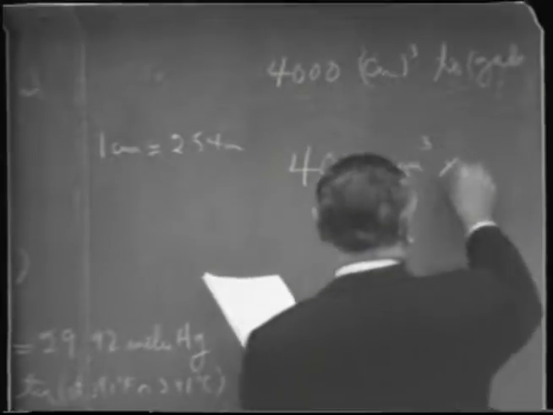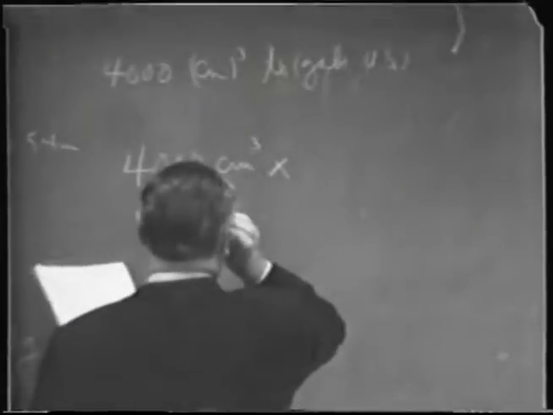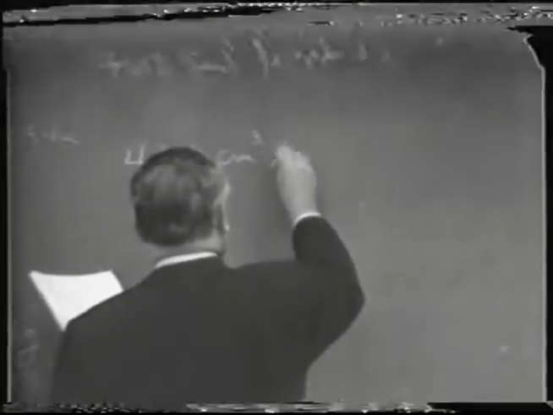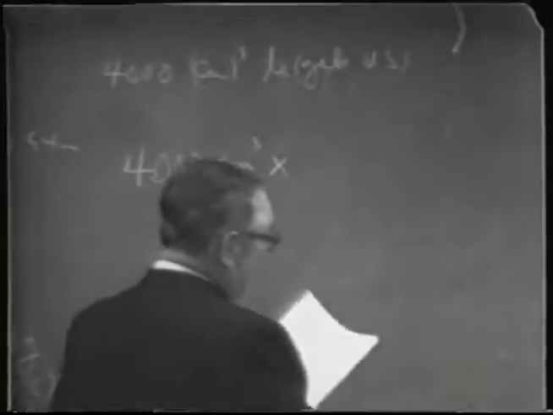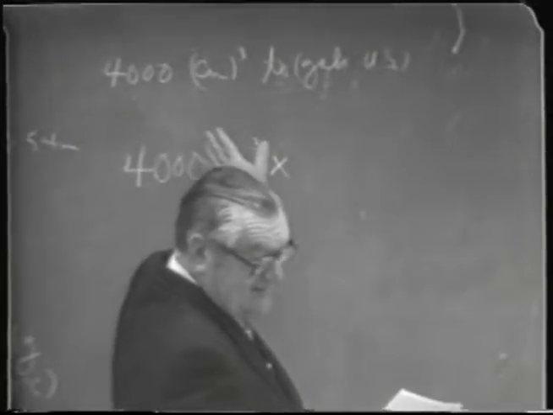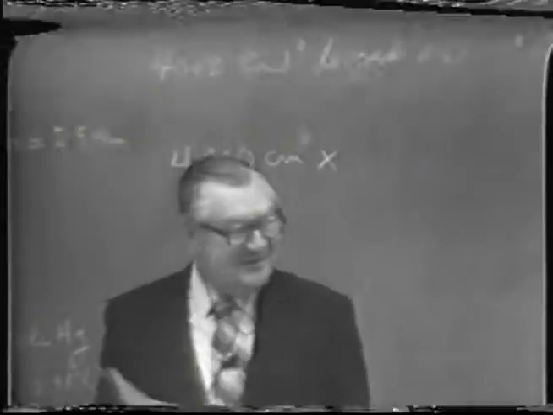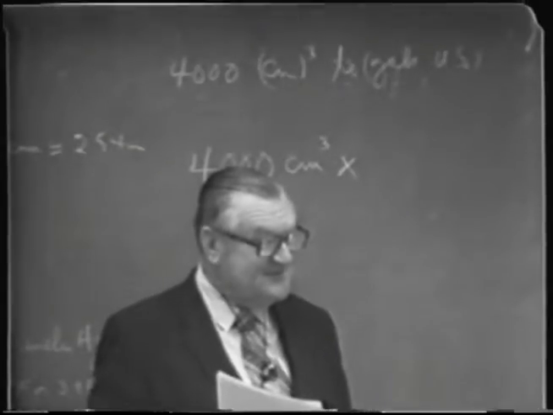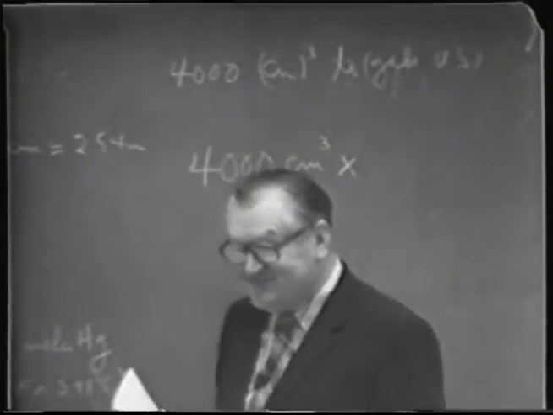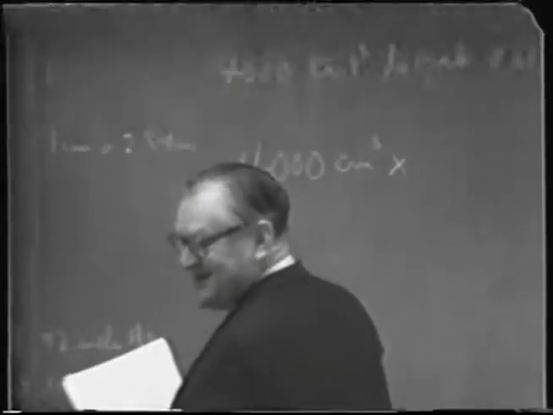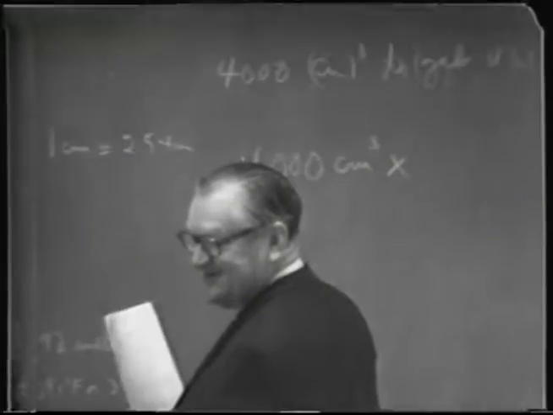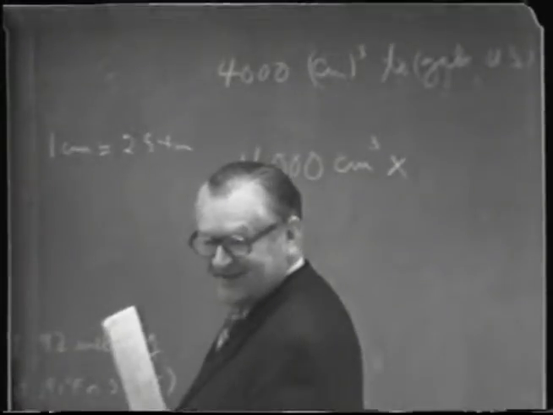So anyway, all right, we'll multiply then by... Well, it may not be obvious why we have to put the inch in here, but if we're going to use this term, 231 cubic inches in a gallon, then we got to get the inches into the thing. It doesn't equal 2.5 inches, 2.5 centimeters.